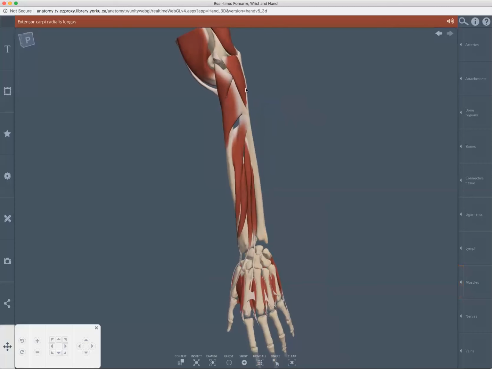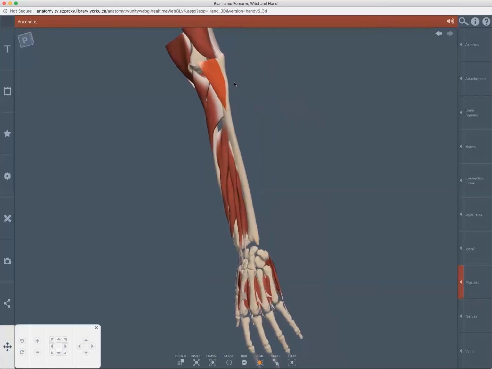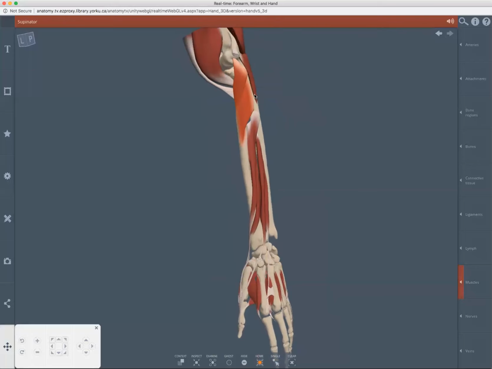So we're going to start right up near the elbow here with anconeus, kind of a triangular shaped muscle right on the posterior of the elbow. And anconeus is going to help the triceps brachii, which you can see right there, with extension of the elbow. Then we move over just a little to supinator, okay?